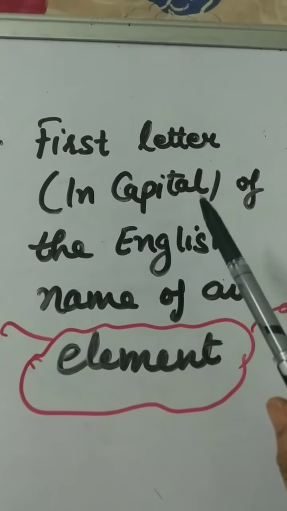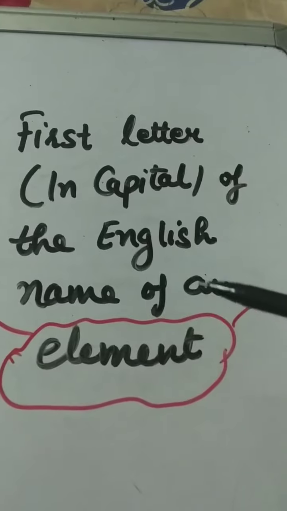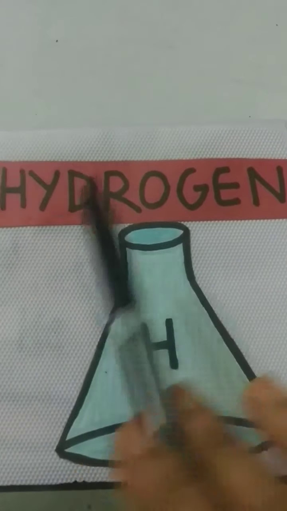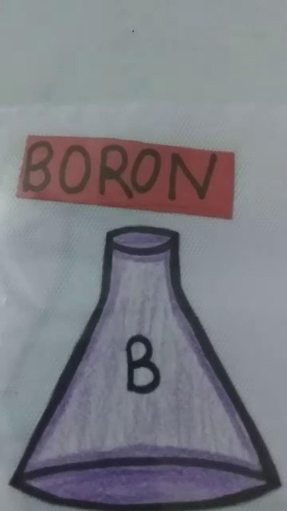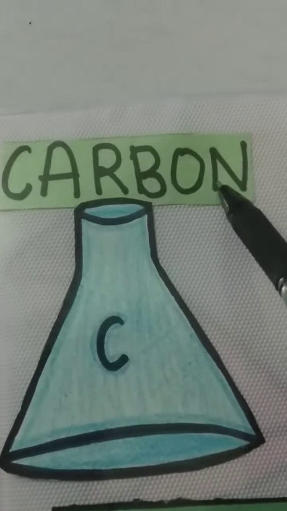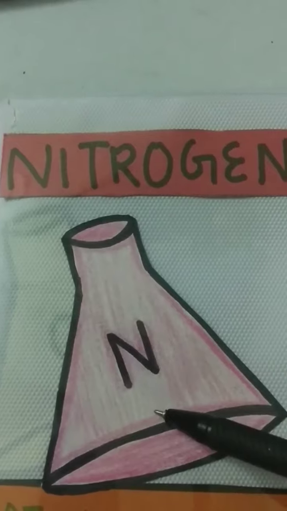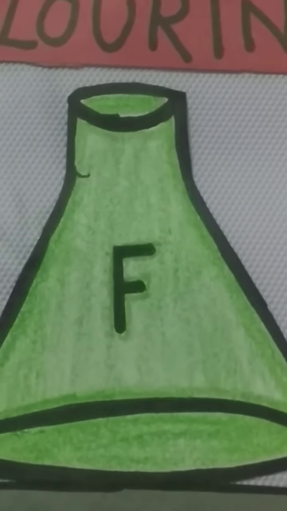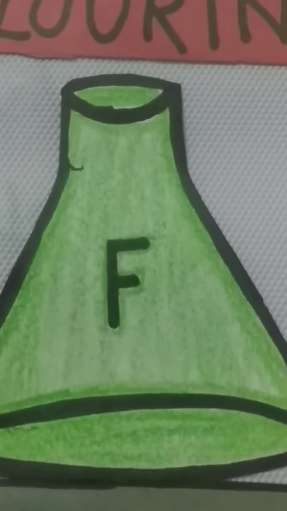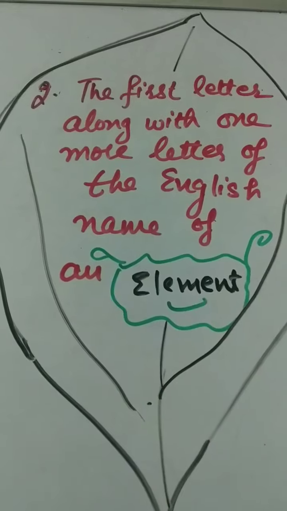For example, the element hydrogen, symbol capital H. Boron, symbol capital B. Carbon, symbol capital C. Nitrogen, symbol capital N. Similarly, you can find more elements whose symbols are derived from the first letter of the English name of an element.